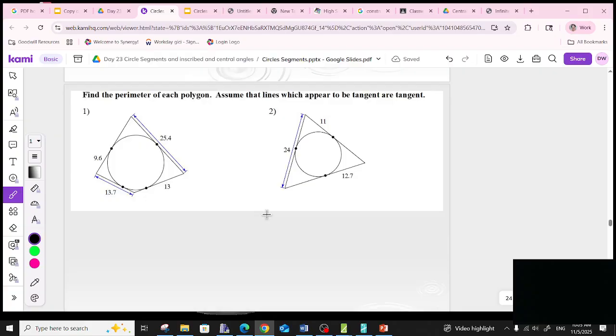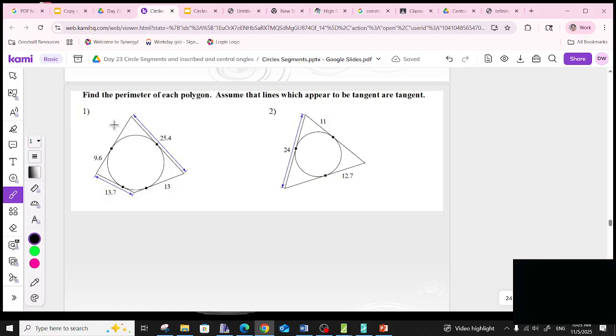Perimeter. What is perimeter? All the way around the outside. We agree? And it says here, assume that lines which appear to be tangent are tangent. And they want to know the full perimeter. The problem is we're missing a piece.